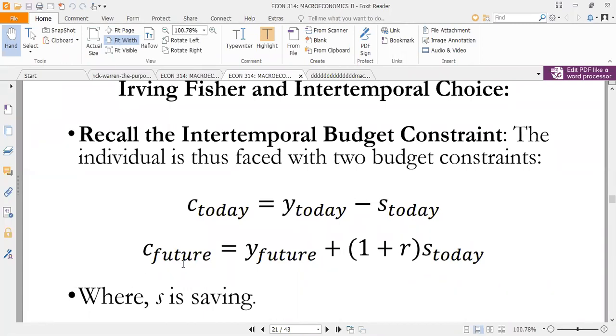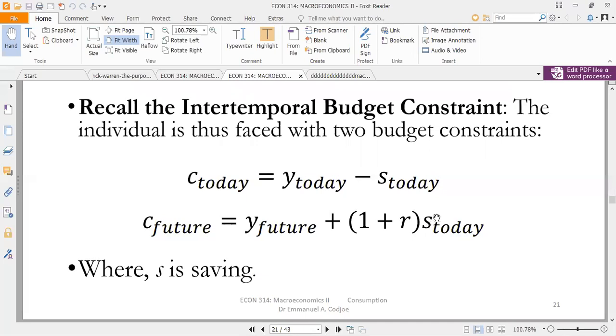So in the first period, you can consume your income, and then maybe you save 1 cedi here, and the interest rate was 20%. So when you get to the future, you get your 1 cedi and you get the interest of 20%, which is 20 pesewas. So you get 1 cedi, 20 pesewas. So you can now consume the income that you get in the future, and also the 1 cedi, 20 pesewas that you are getting from your savings in the current period. So this is your future consumption.